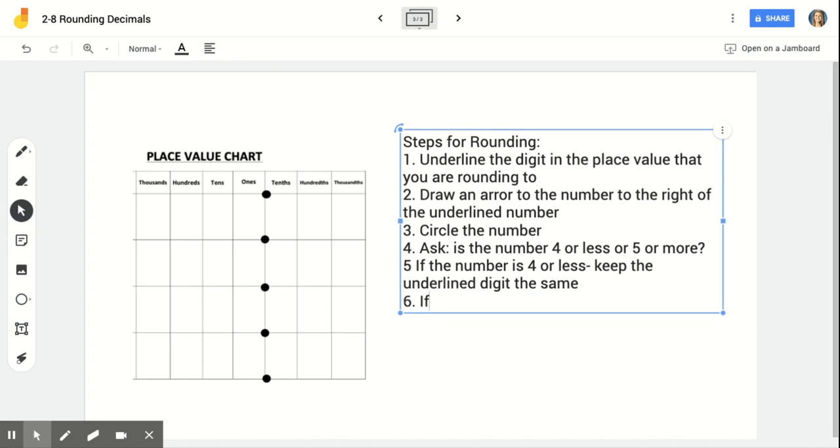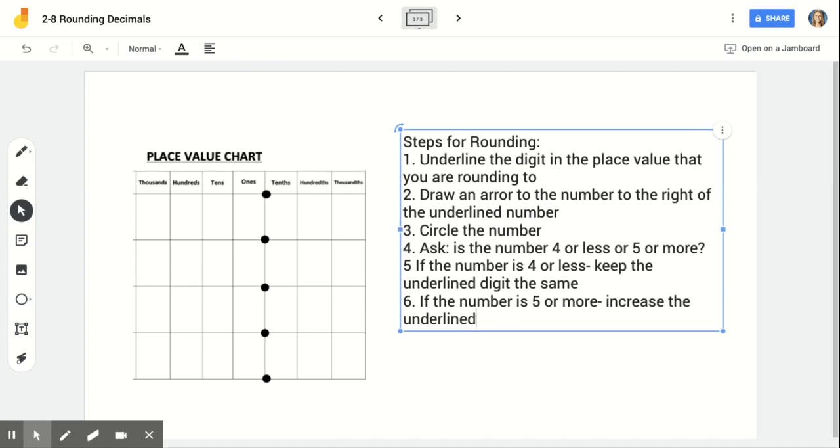If the number is 5 or more, increase the underlined digit by 1. So add 1. And then the steps 7 and 8, I'm going to keep those same 2 lines the same that were the ending to our poem.